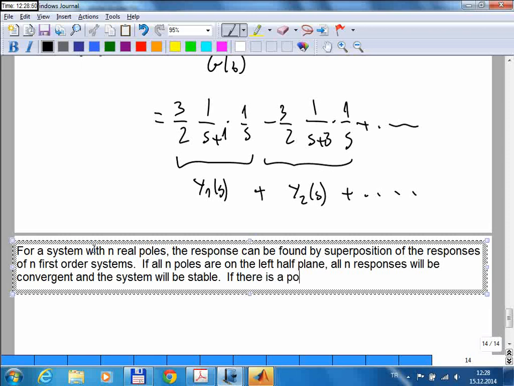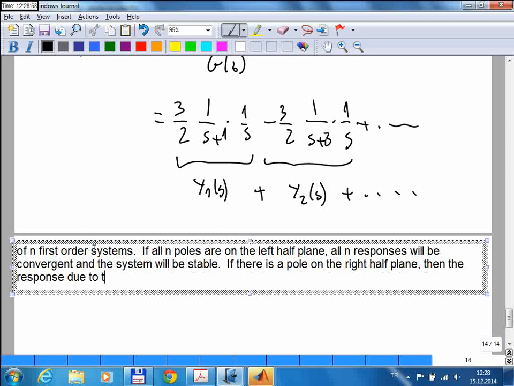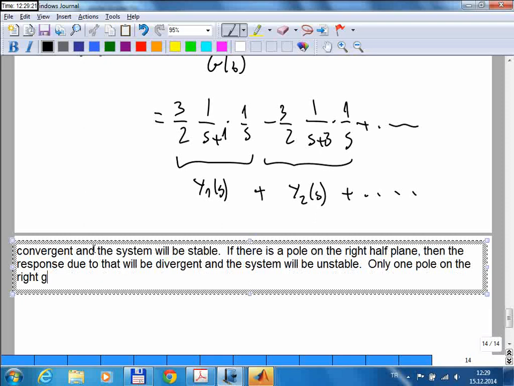If there is a pole on the right half plane, then the response due to that will be divergent, and the system will be unstable. Only one pole on the right half plane is sufficient to make the system unstable.